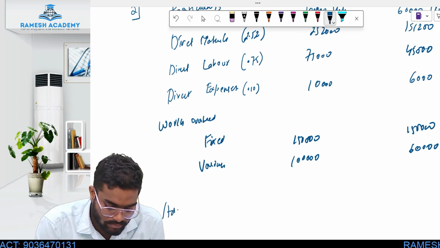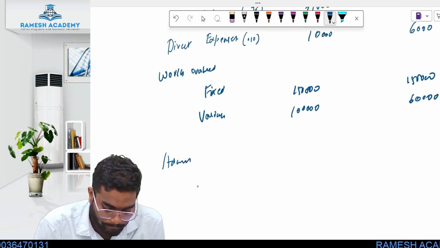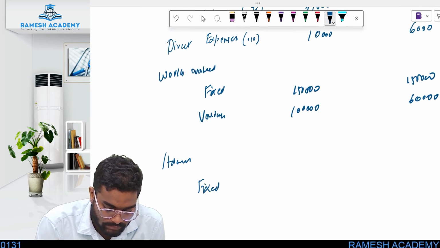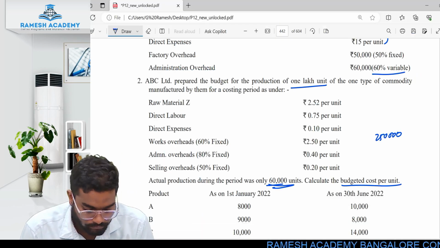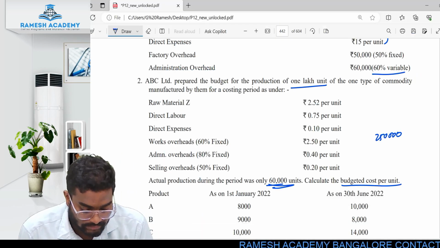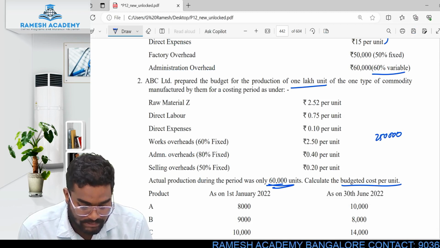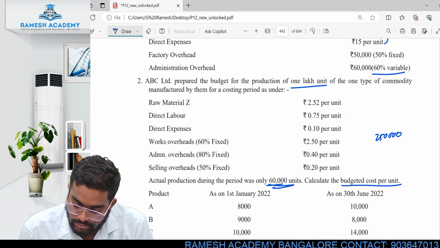Next we have admin, fixed and variable. How much is fixed? 80% is fixed, 0.4. So 0.4 is 40,000, I guess. Yes, 40,000.